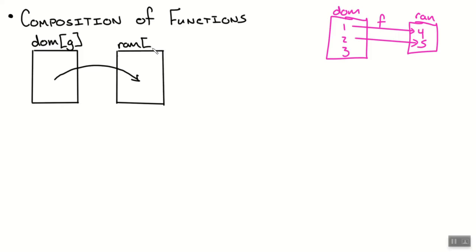Why would it switch functions here? The range of g. So for example, we might have x goes in, and then g of x is the output. Comfortable with that? I'll just say this is function g.